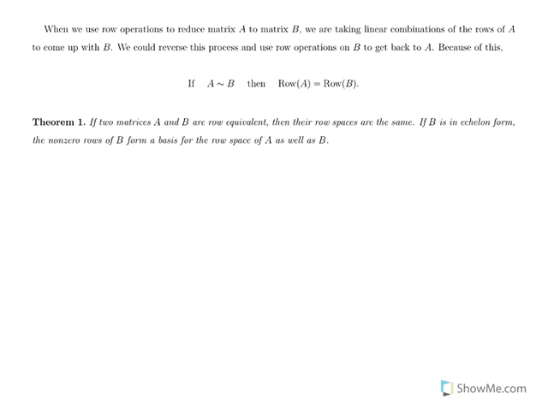One important use for the row space is that we can talk about row operations to reduce matrix A to matrix B. And when we do the row operations, what we're really doing is taking linear combinations of the rows of A to come up with the rows of B. All of our elementary row operations, let's write those down.